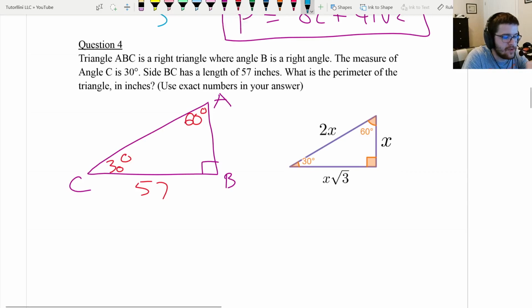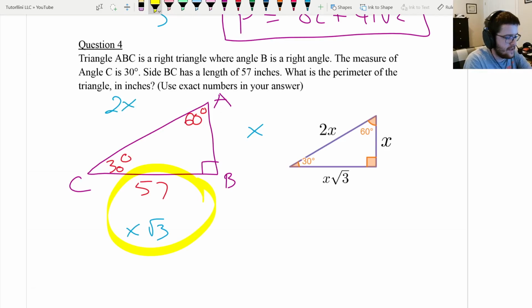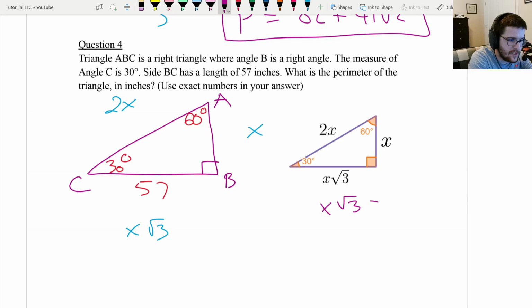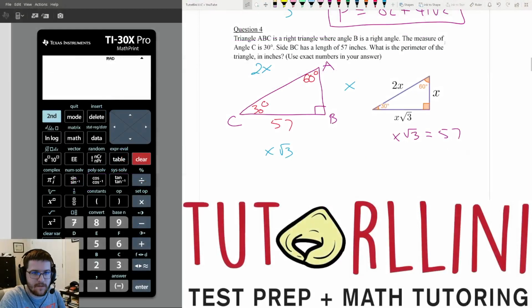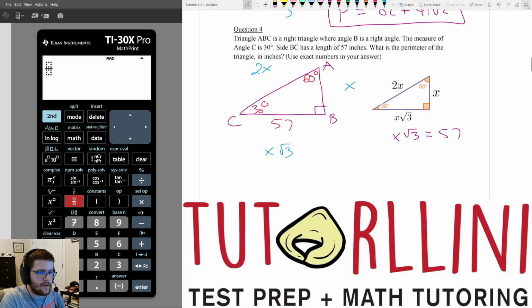And let's also label all the sides. So across from 30 is X, across from 60 is X root 3, and across from 90 is 2X. You can kind of see from here that X root 3 equals 57. And how about save ourselves some trouble?